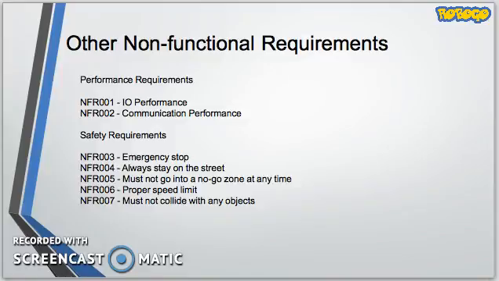And once a no-go zone is created on the GMCS system, the robot won't go into any no-go zone. The robot will also make sure it has a proper speed, so it won't travel too fast or too slow. And the robot will make sure it won't crash with any object on the street.